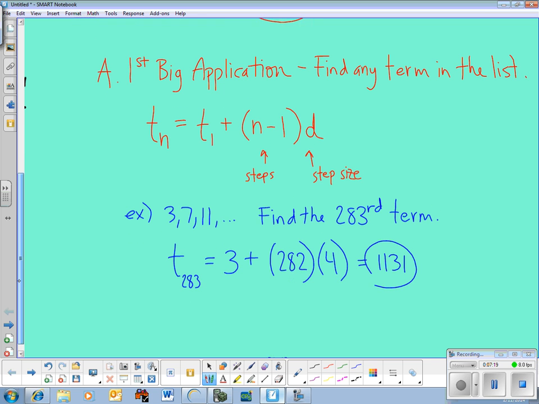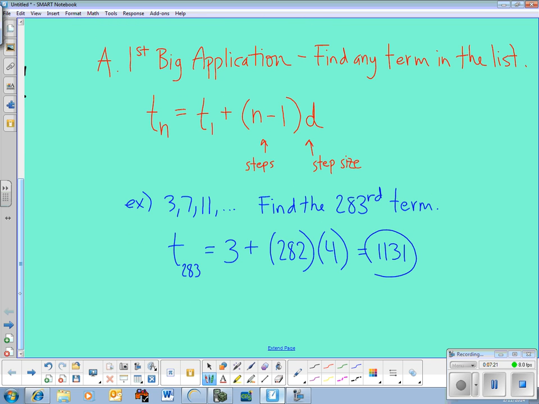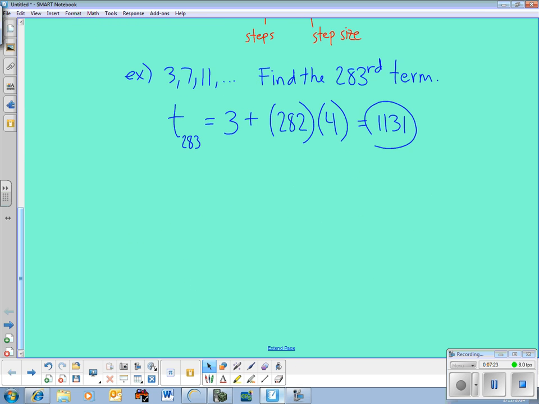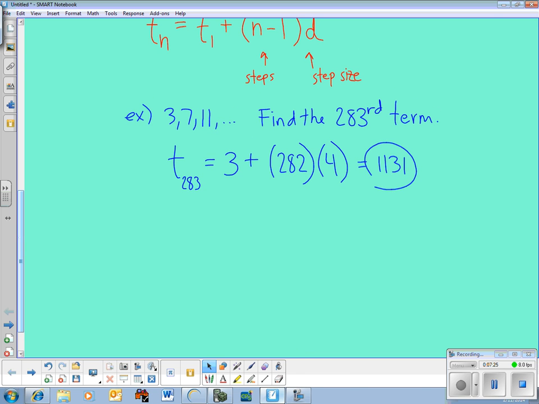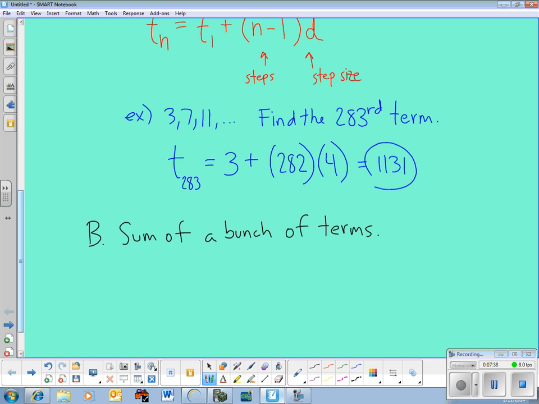No big deal. All right, so let's talk about the second big problem type, B. The sum of, let's just call it a bunch to be generic, a bunch of terms.